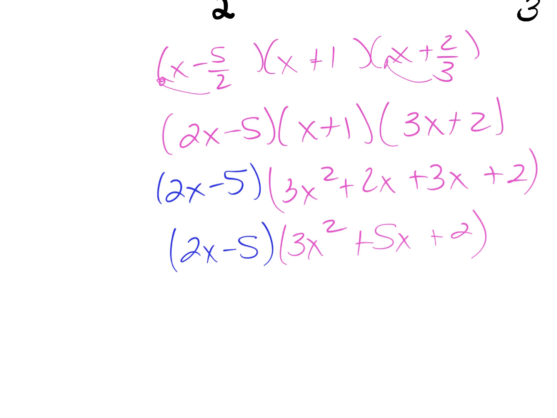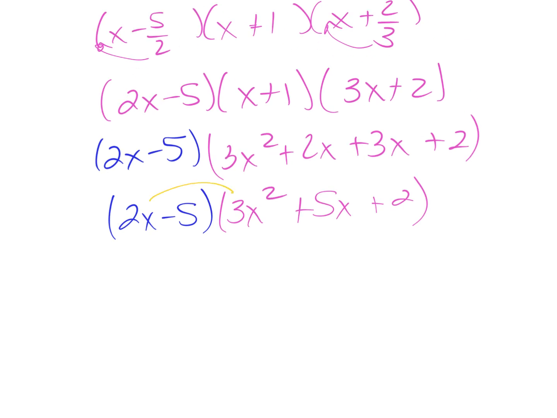And now we FOIL. We multiply again. 2x and 3x squared gives me 6x to the 3rd. 2x and 5x gives me plus 10x squared. 2x and 2 gives me plus 4x. Agreed? Okay. So now we'll take negative 5.